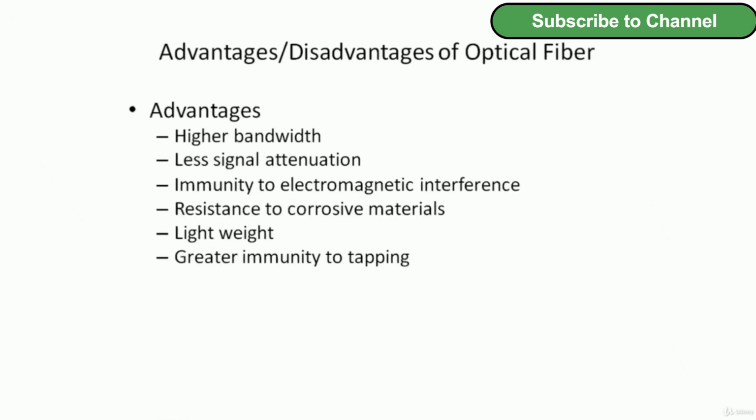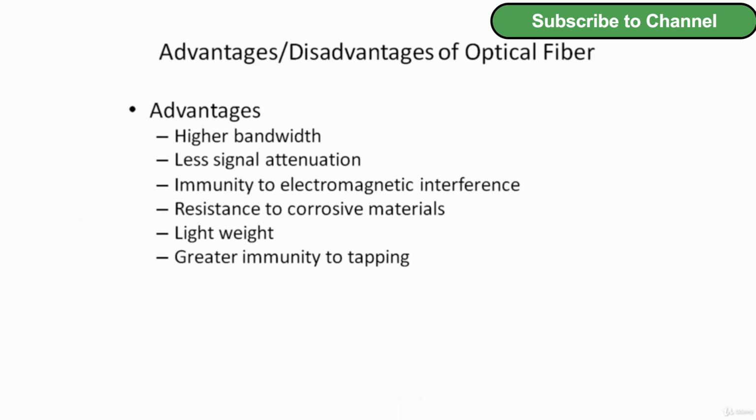Then advantages and disadvantages of the optical fiber. Advantages, we will see the advantages first. It is having the higher bandwidth. Higher bandwidth signal can be transmitted. Less signal attenuation, as we have seen in the graph. The signal attenuation is less as compared to the coaxial cable and the twisted pair cable.